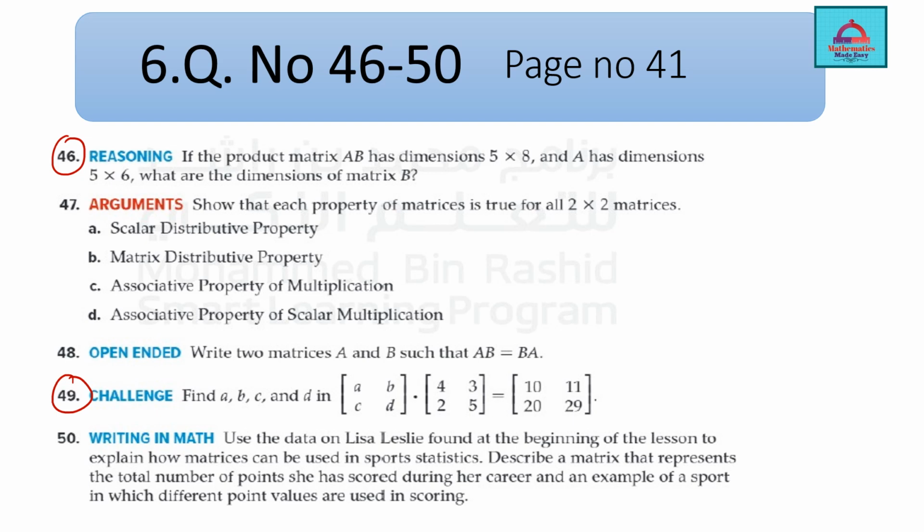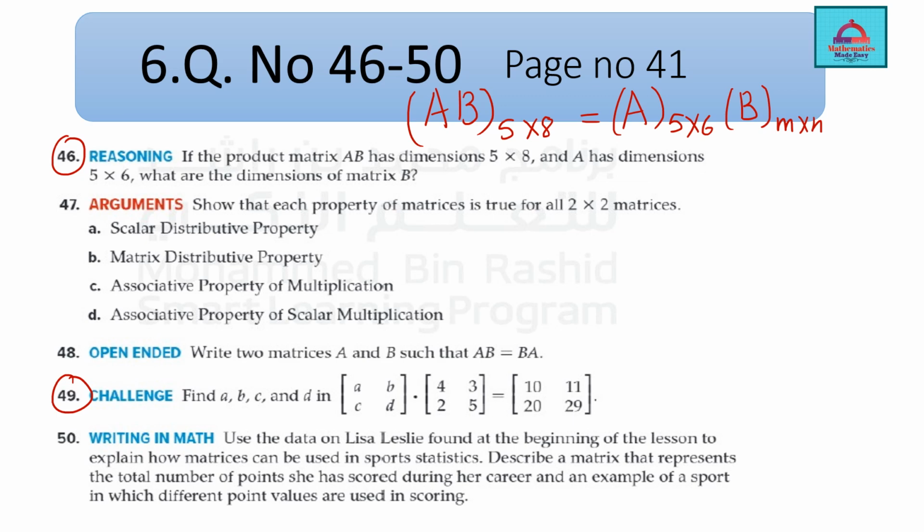So the product matrix AB has dimensions 5 cross 8, and the matrix A has dimension 5 cross 6. You need to find the dimensions of matrix B. For example, it is M cross N, you don't know.